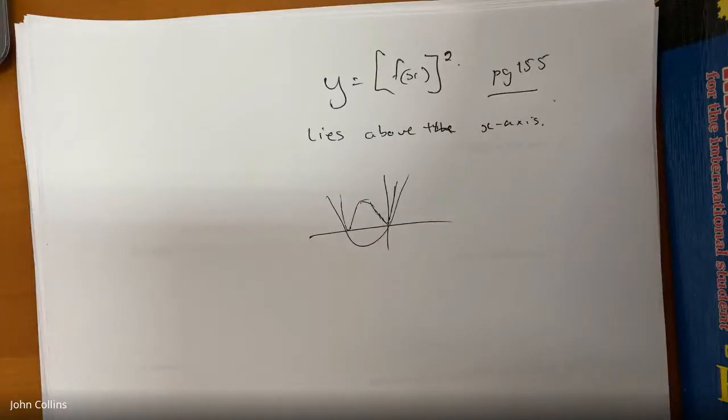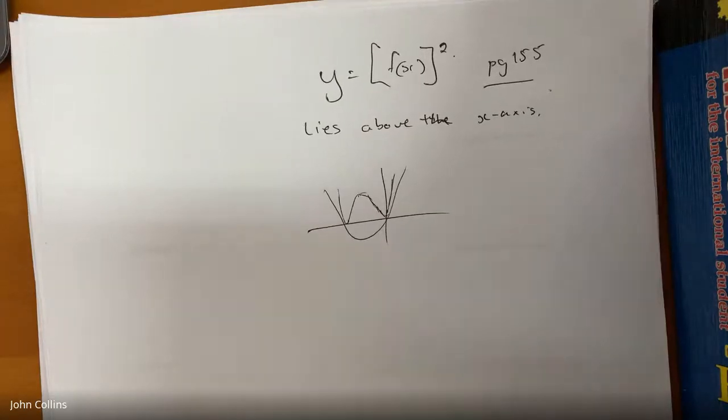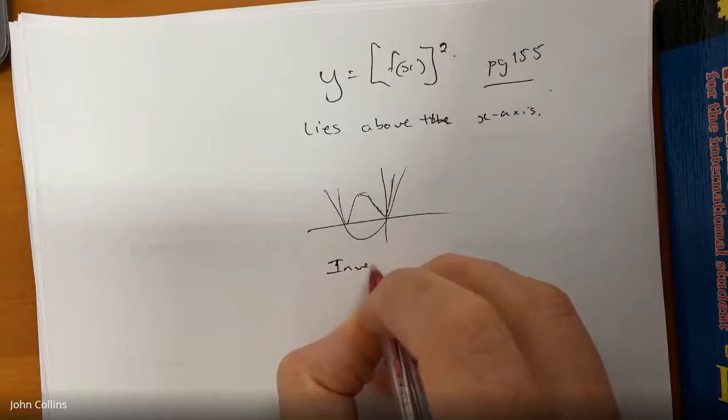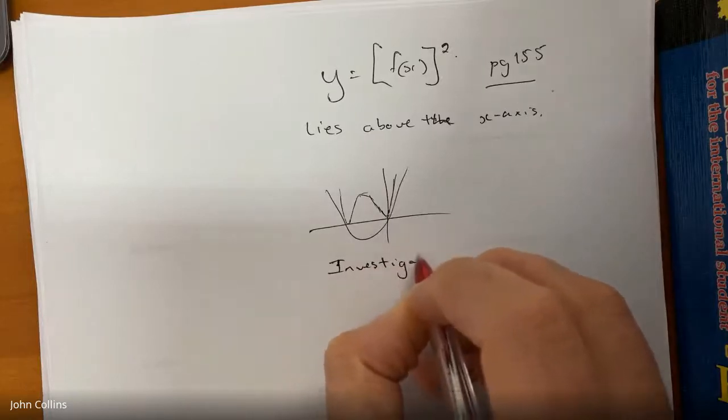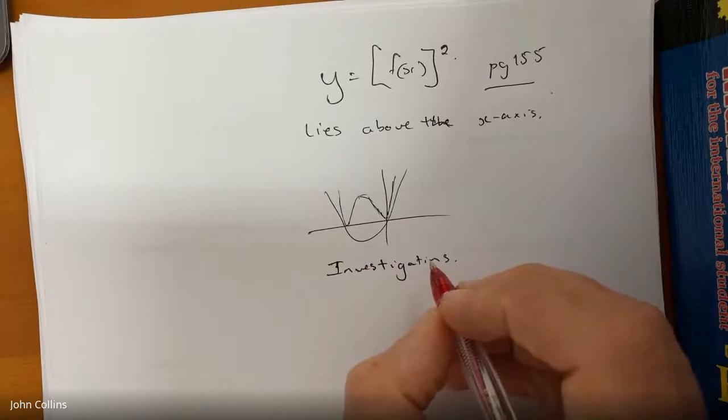Some types of graphs, when you bounce them, for instance, a rational graph, if you were to square it, it would also have an asymptote. If you go to the investigation on page 154, you can go through all those Desmos examples.